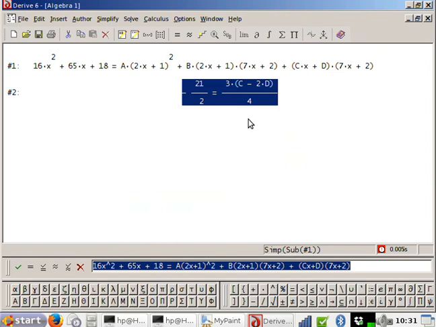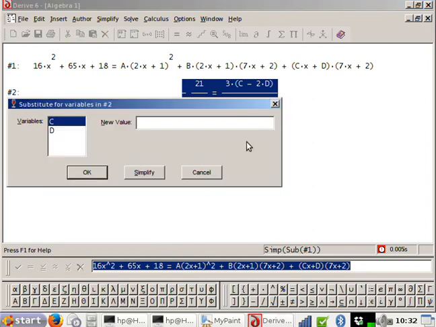Now you see, this is a problem. Can I get C here? No. Can I get D here? No. But remember I said at the start, I know one of them should be 0. So we have to split our question into two now and consider both possibilities. Either C is 0 and D is not, or D is 0 and C is not. So let's look at both possibilities. I'll make C 0.